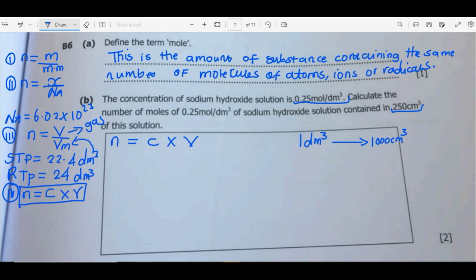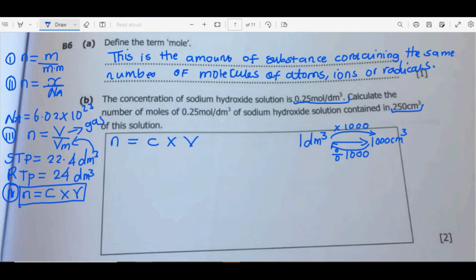If we are converting from decimeters cubed into centimeters cubed, multiply by 1,000. The reverse is also true, where you divide. So from centimeter cubed to decimeter cubed, it's division. You need to divide by 1,000. The volume that you are given, make sure you divide by 1,000.